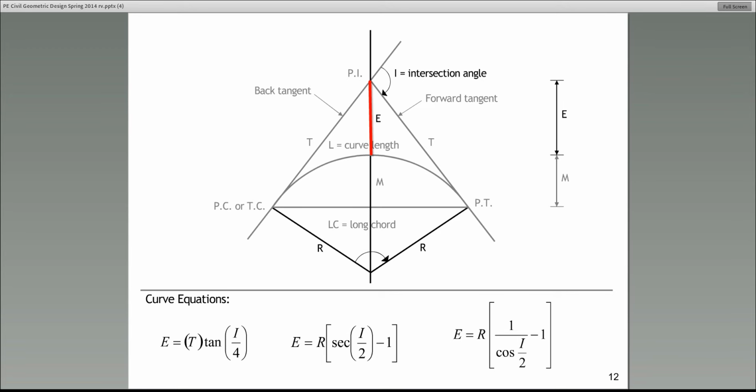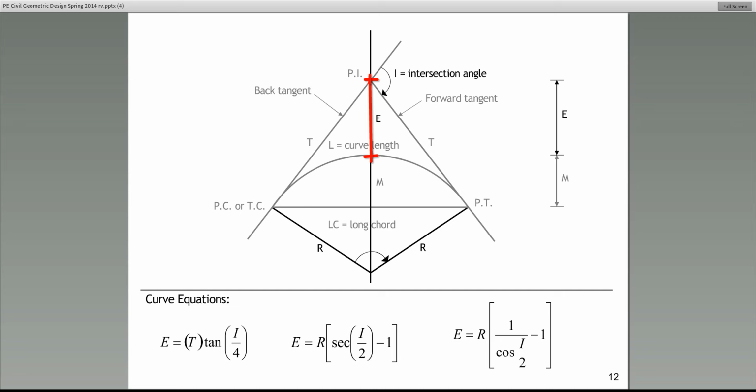So E, capital E, stands for external distance, and it is the distance between the PI, which I will talk about in just a second, and the center of the circle, midpoint of the circle. I said circle, this circular curve.